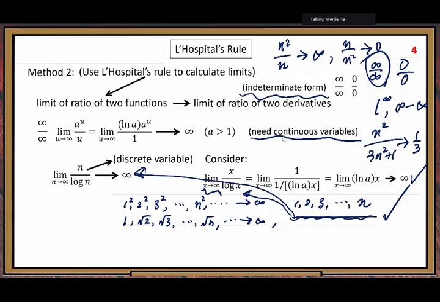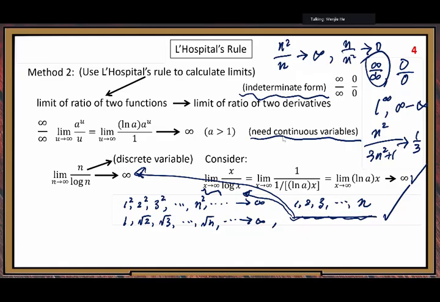Here, I spent quite some time to explain the difference of these two ways, because it's very easy to make a mistake. If you apply limits on the discrete functions directly, so many people do it that way.